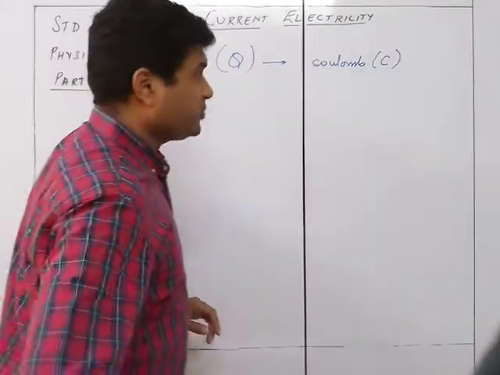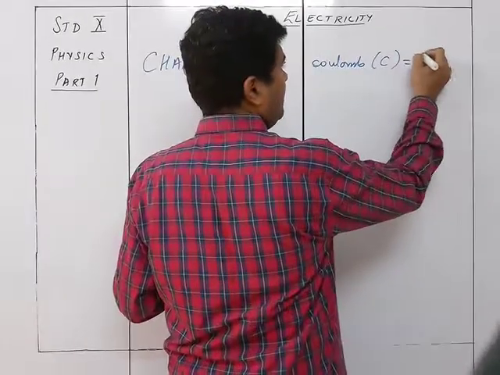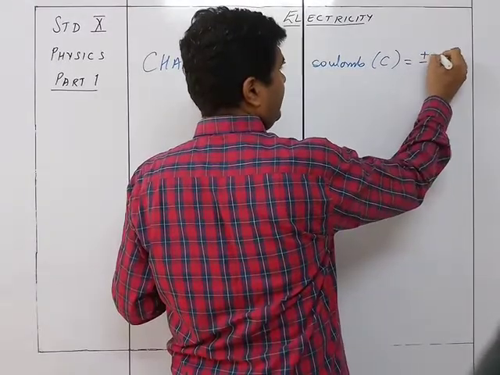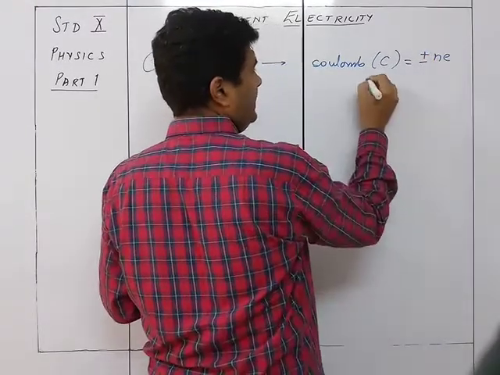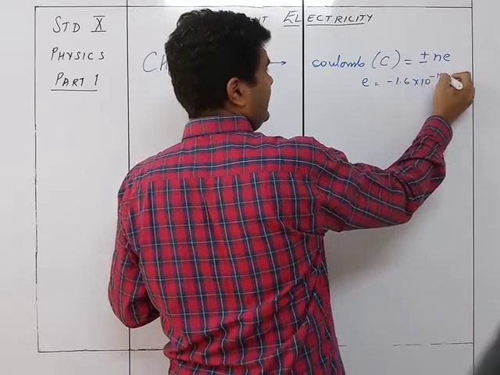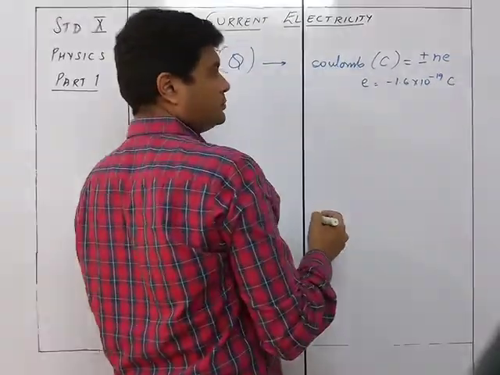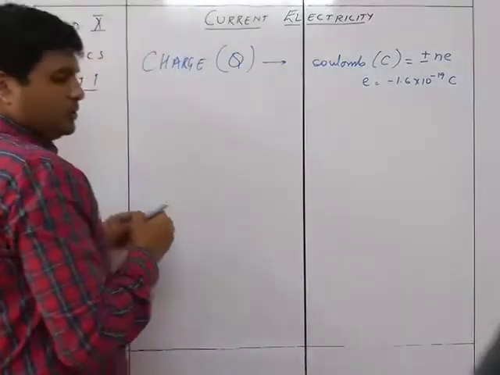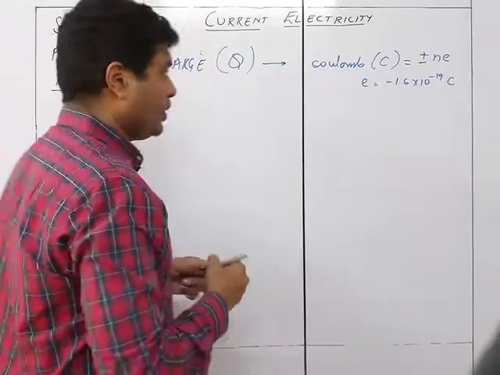So I'll just write this over here: Q is equal to plus or minus NE, where E is equal to minus 1.6 into 10 to the power minus 19 coulomb, right? So that's about charge. Now we talk about the concept of current.